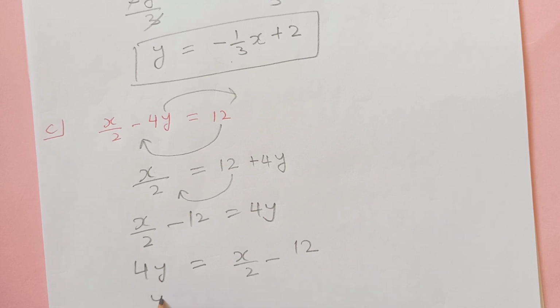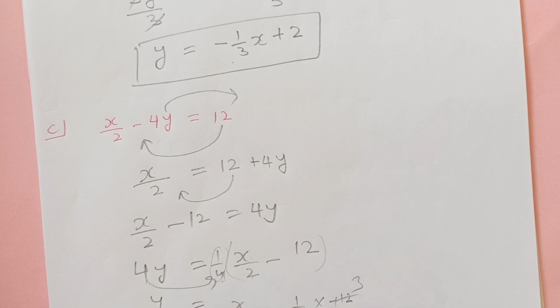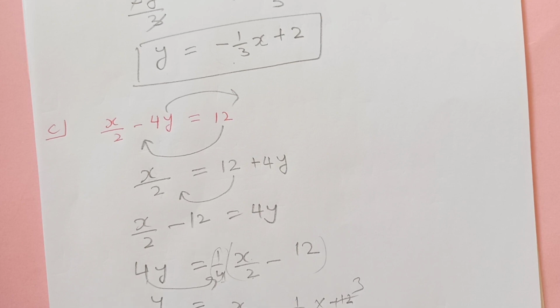Now divide by 4. So y is equal to, when you divide the whole thing by 4, it becomes 1 over 4 times the whole thing. So this is going to be x over 8 minus, because 1 times x, then 4 times 2 in the denominator, and then minus 1 over 4 times 12. So 4 times 3. So we have y equals x over 8 minus 3.